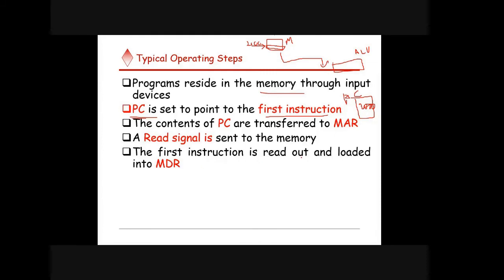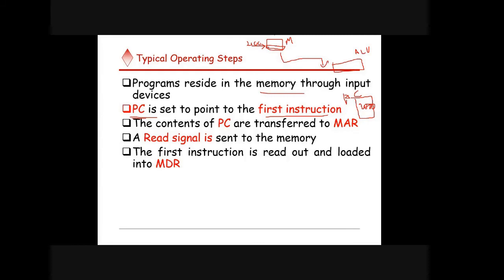And the first instruction is read out and loaded into MDR. So the memory unit understood that the value present in the 2000 memory location, I should transfer back to the processor. In the processor, where should I give it, whether directly to the ALU or not? No, that is data.